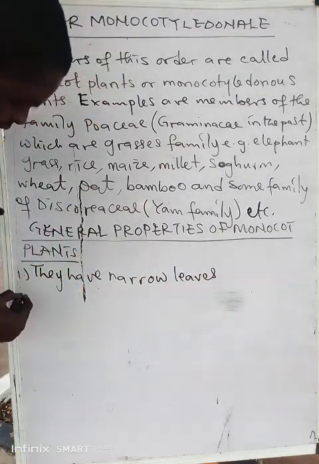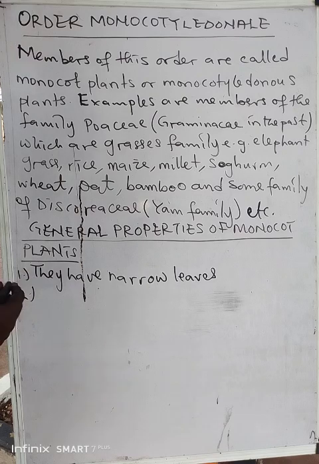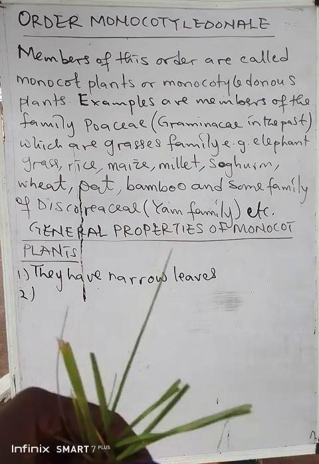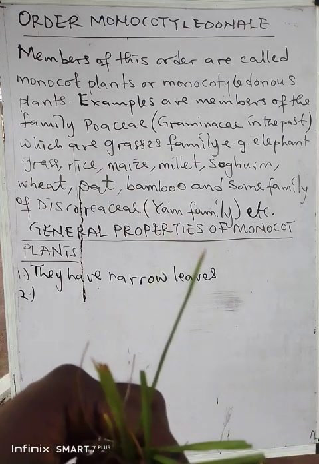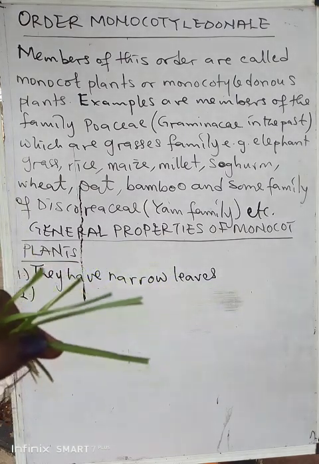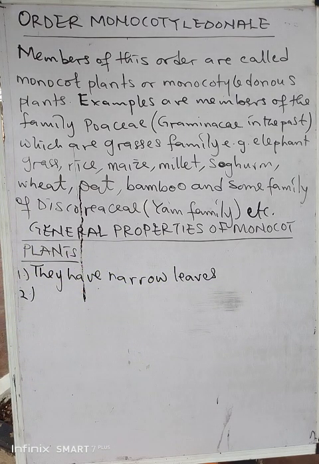Their leaves are narrow. Then number two, if you look closely inside the leaf, you will see some parallel lines inside the leaves. Those are veins, just like you have veins in your body carrying blood. Plants also have veins, but this time around they carry water and soil nutrients and translocated food. So those veins in monocots are parallel.